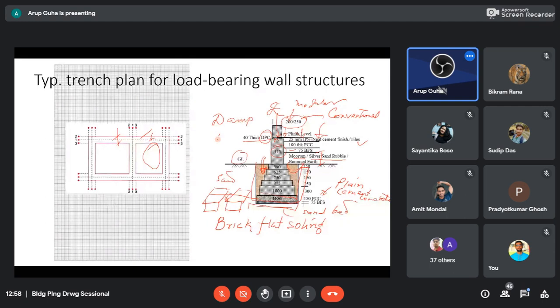Damp proof course. What is that? It could be a PCC kind of thing with chemical admixtures to prevent moisture going from the ground level to this wall. That actually cuts off the travel of moisture. We call it DPC.